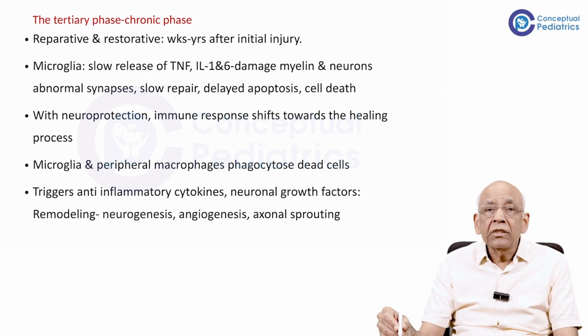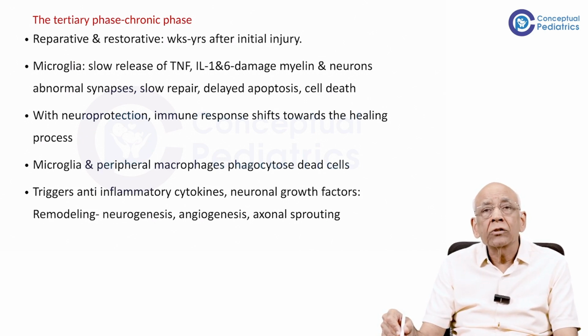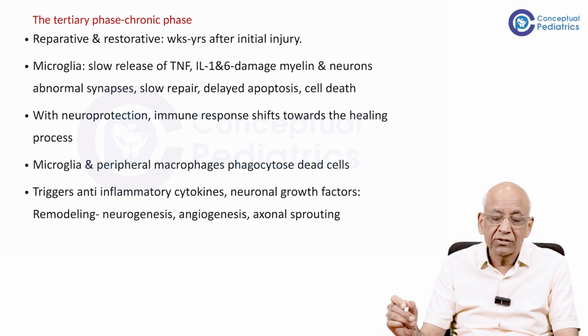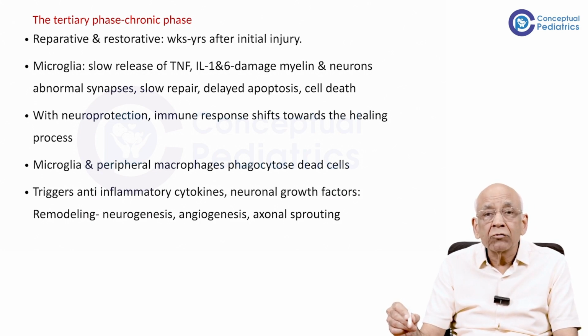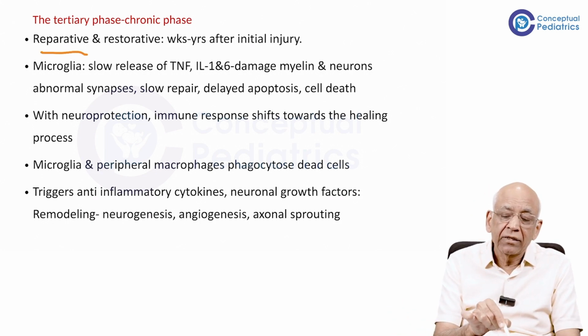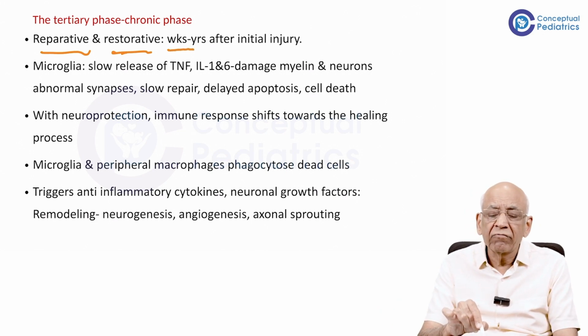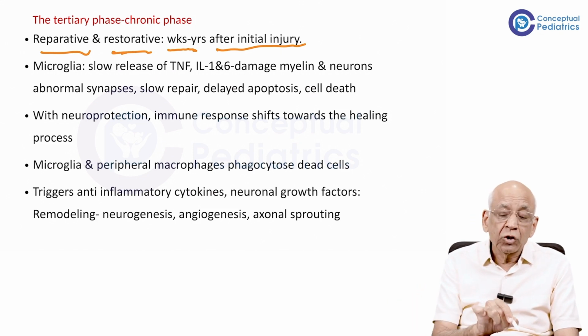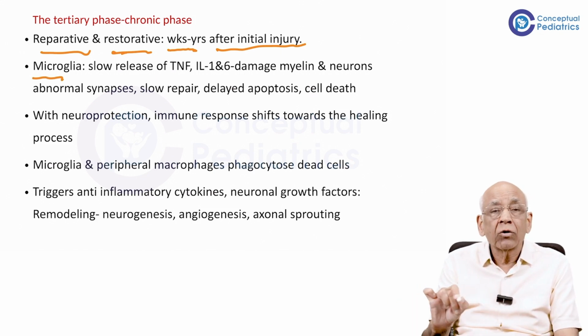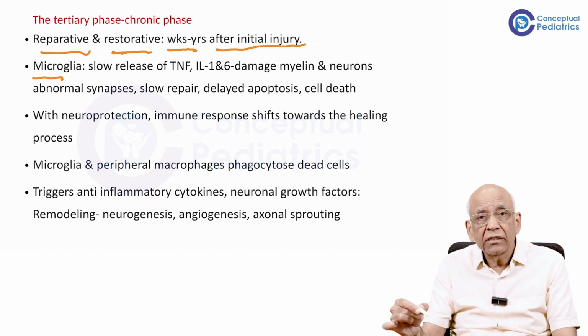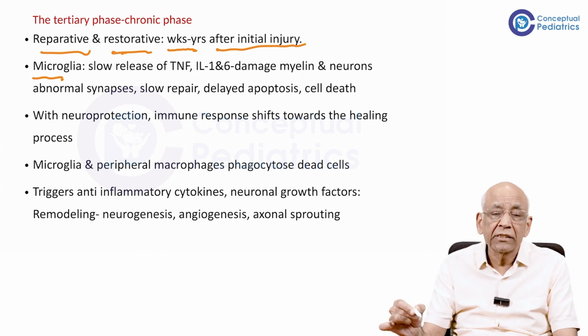Then coming to the tertiary phase, which is also called the chronic phase. This chronic phase would be reparative and restorative. It lasts from weeks to months after the initial injury. As we have seen, the microglial cells are the inflammatory cells.